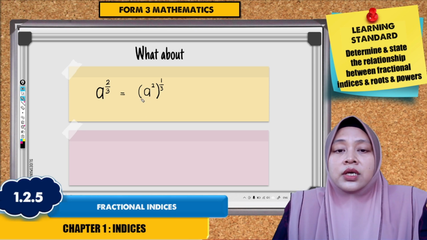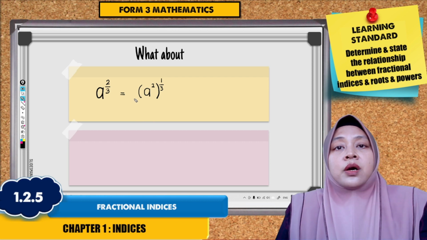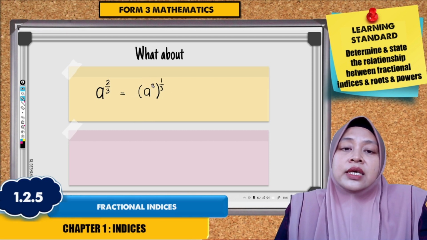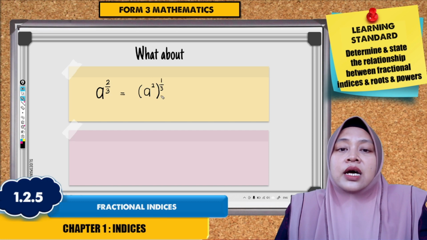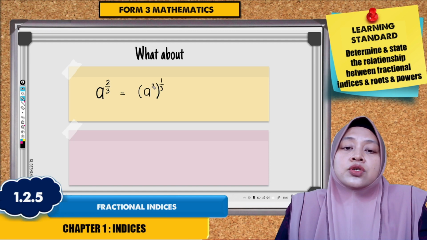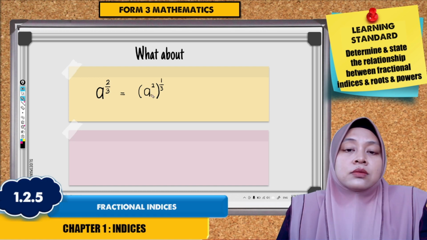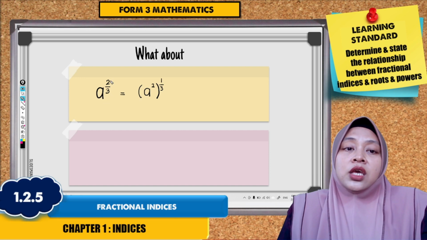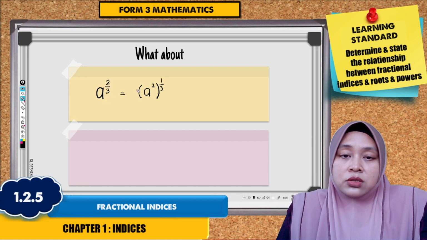Is it true? We have learned about power to the power, kita dah belajar kuasa kepada kuasa. It means the index in the bracket and the index outside the bracket have to be multiplied, right? So 2 times 1 over 3, we get 2 over 3. This is how you can transform a to the power of 2/3 to this.